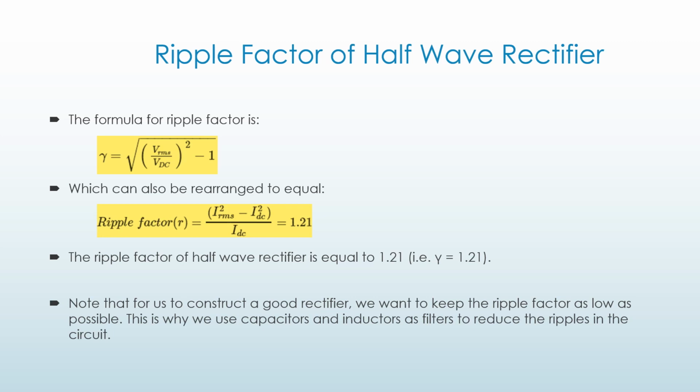Note that for us to construct a good rectifier, we want to keep the ripple factor as low as possible. This is why we use capacitors and inductors as filters to reduce the ripples in the circuit.